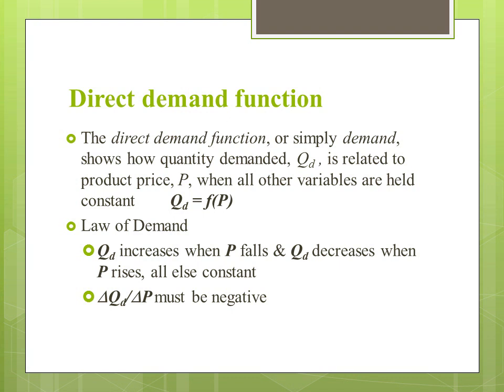Law of demand: quantity demanded increases when price falls, and quantity demanded decreases when price rises, all else constant. So change in quantity demanded over change in price must be negative. So here the relationship is negative, and the slope of demand is also negative.